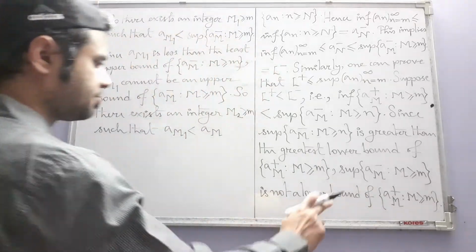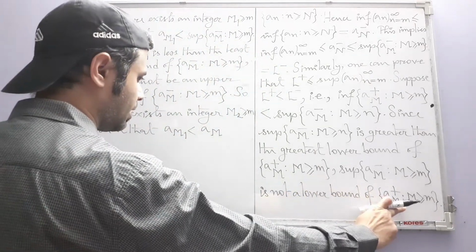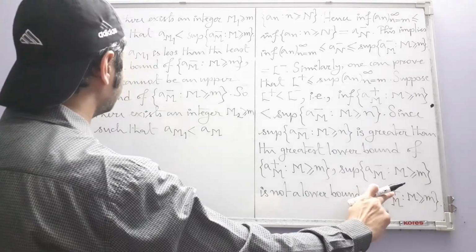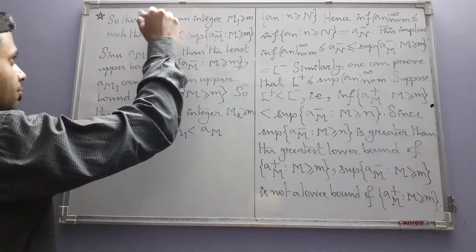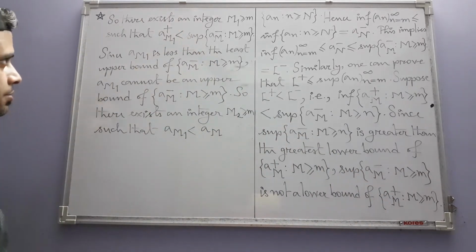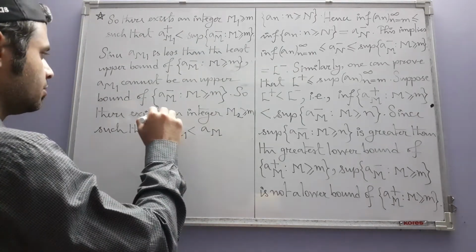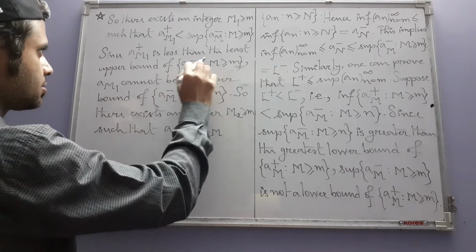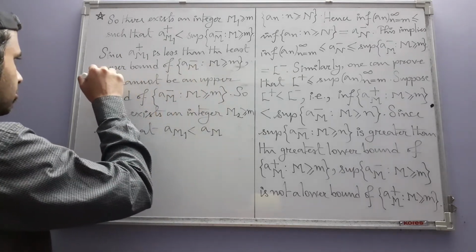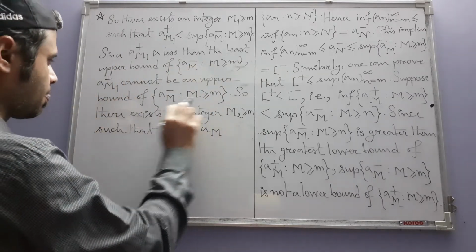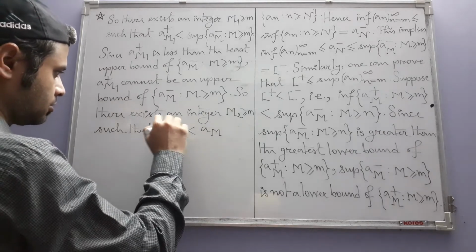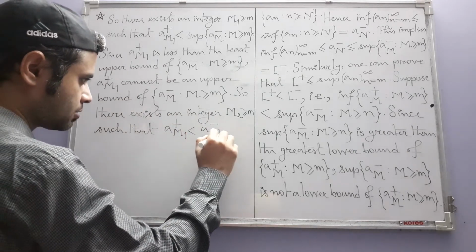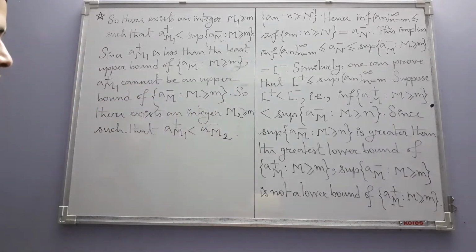That means at least one element should be less than, okay, so we should have plus here, yes. This is plus, this is plus, this is plus, this is plus, this is minus, yes, now it's okay.